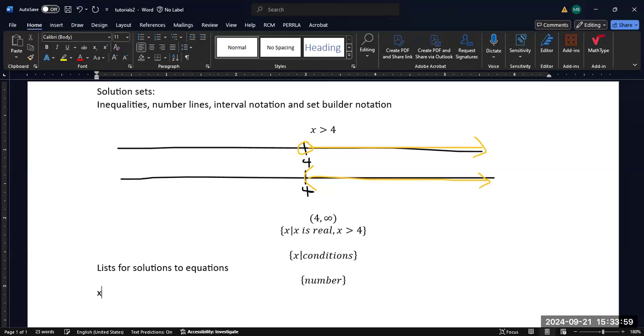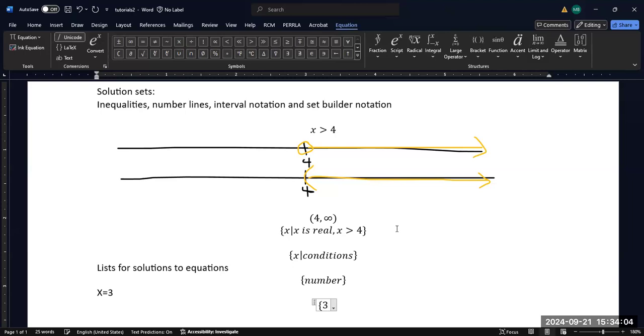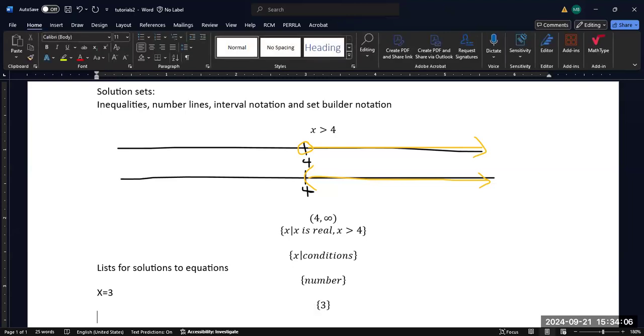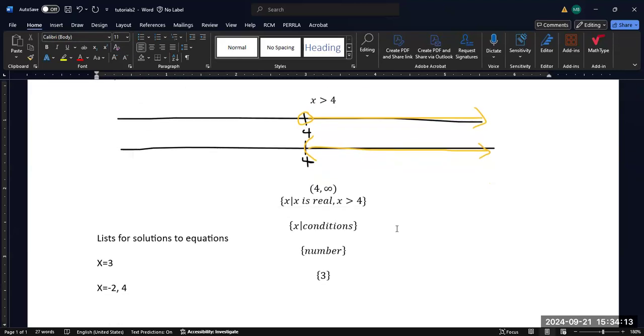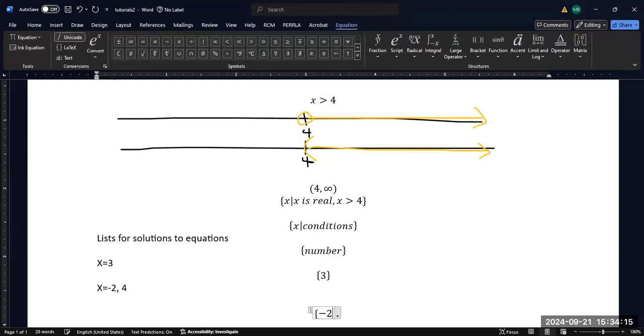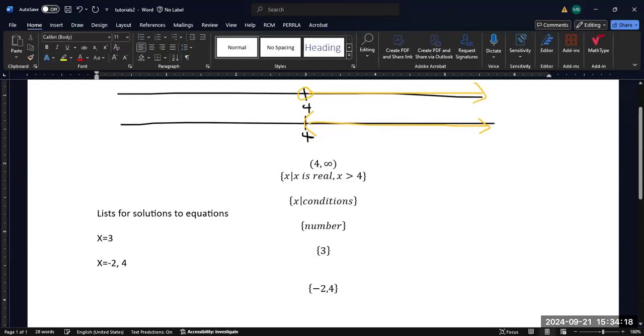So if we want to say X equals 3, then our set notation would just be this. If we wanted to say X equals -2 and 4, then we could list -2, 4, again, in curly brackets. So equations usually are a list of values because they're discrete values, not a whole bunch of values. So then you would just list the values in set notation with the curly brackets.